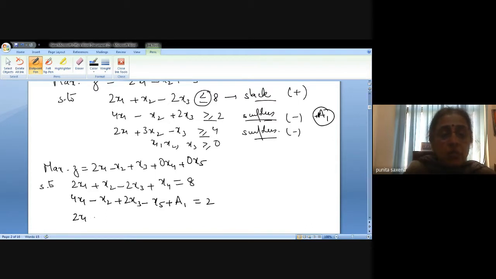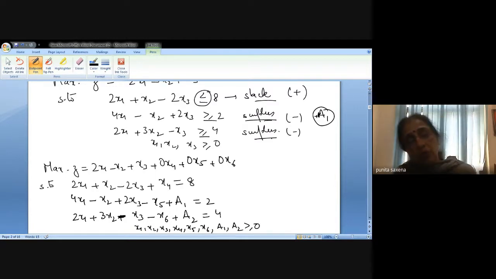Then the third constraint similarly will be 2x1 plus 3x2 minus x3. Again, we have a surplus variable x6 with coefficient 0, but I need another artificial variable a2, where of course x1, x2, x3, x4, x5, x6, even your artificial variables, are all non-negative.